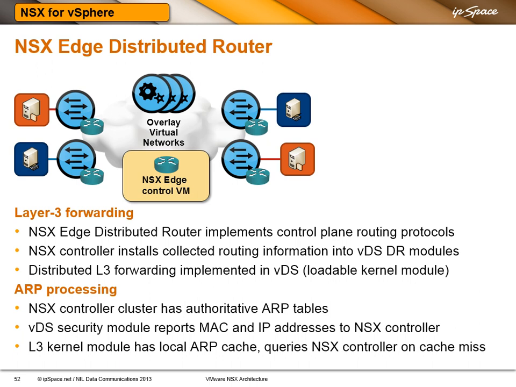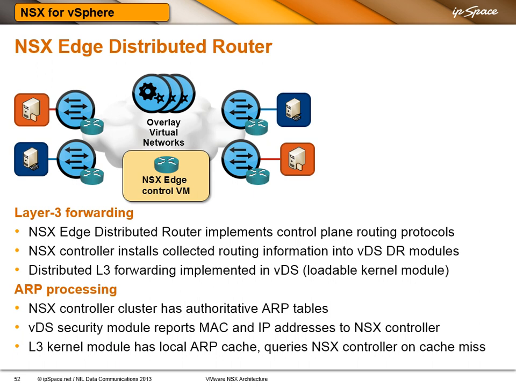ARP processing is slightly different from the NSX for multiple hypervisors case. Here, the controller is the authoritative source of ARP information, and the individual hypervisors use the VDS security module that I mentioned previously to report what MAC and IP addresses they're seeing to the controller.